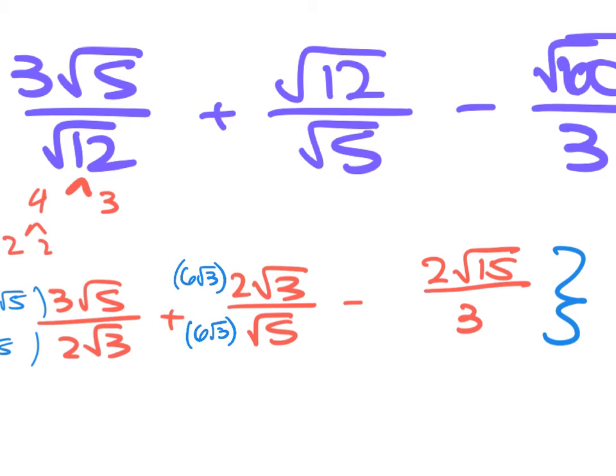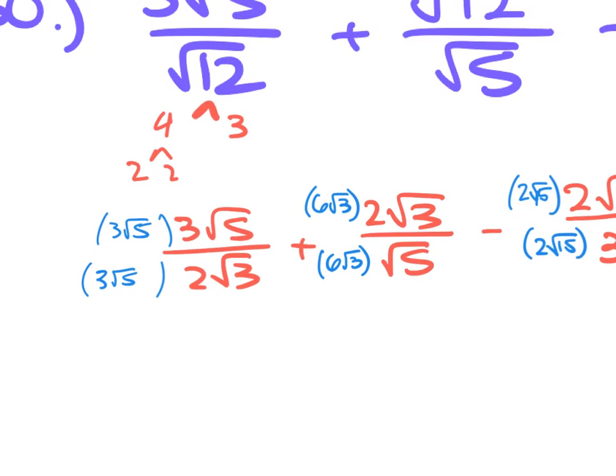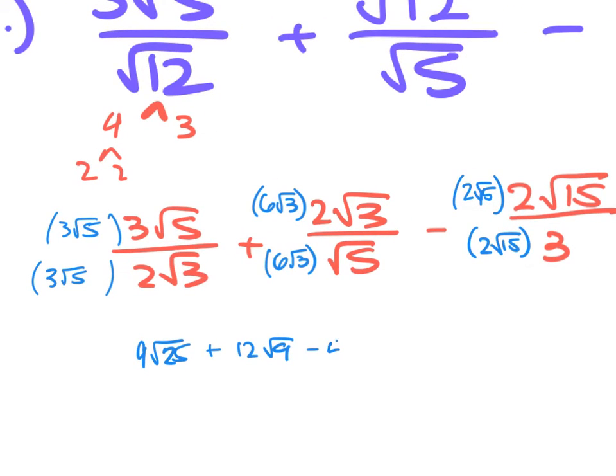And then last one, I will multiply 2 square root 15 by both top and bottom. So I'm going to be left with 9 square root 25 plus 12 square root 9 minus 4 square root 225 all over 6 square root 15.